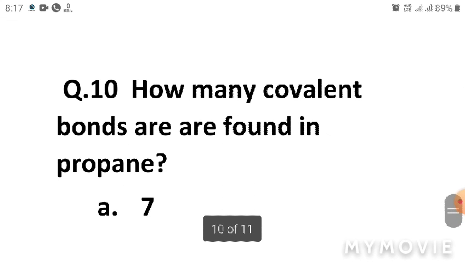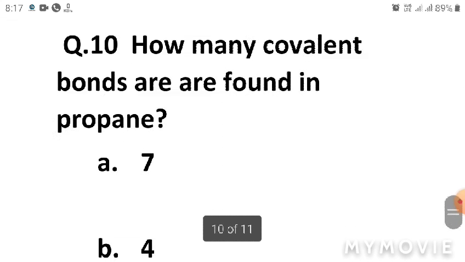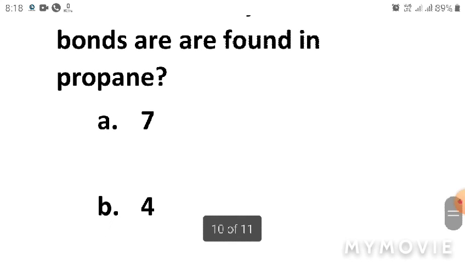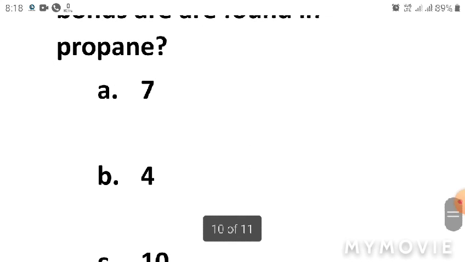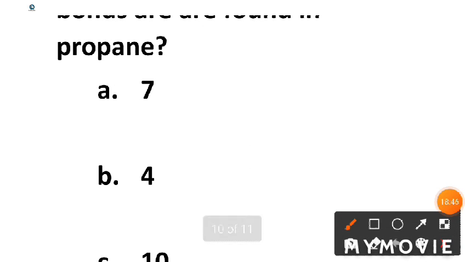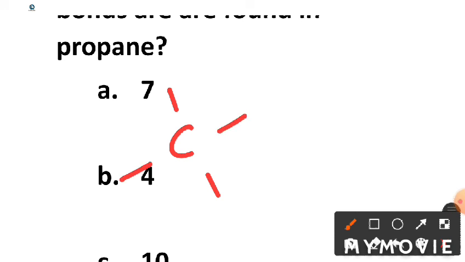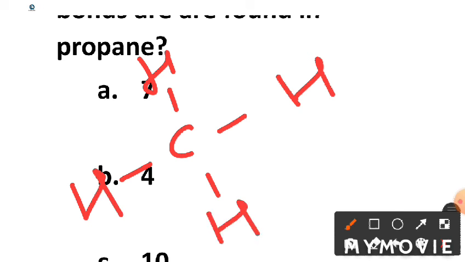Now question number 10. How many covalent bonds are found in propane? First we derive methane. See, we know that in methane, how many covalent bonds? A covalent bond means it is formed by the joining of two non-metals.